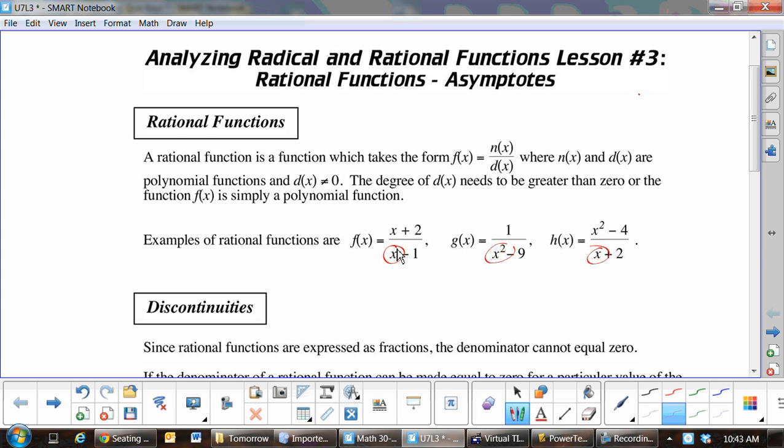So 2/3 x, that's not a rational function. 2 over 3x would be a rational function. Why? Well, because there's an x on the bottom of the second one.